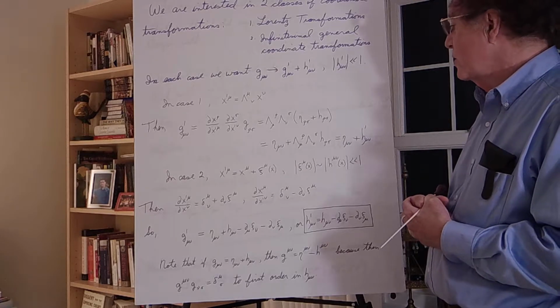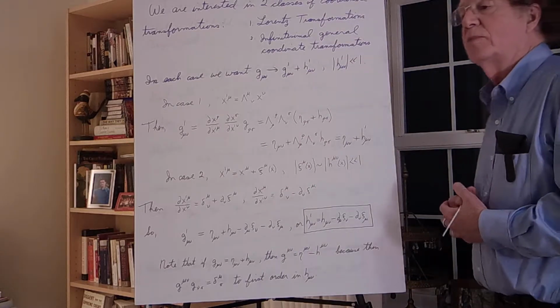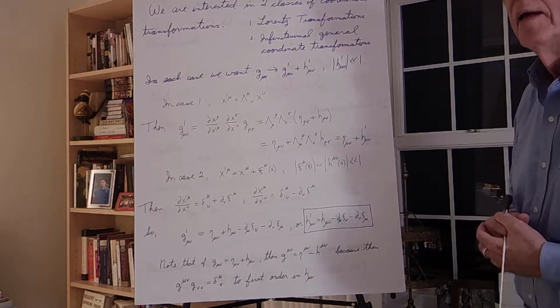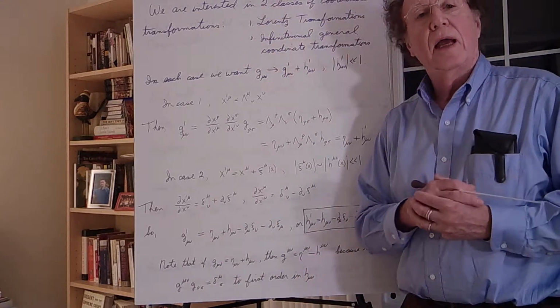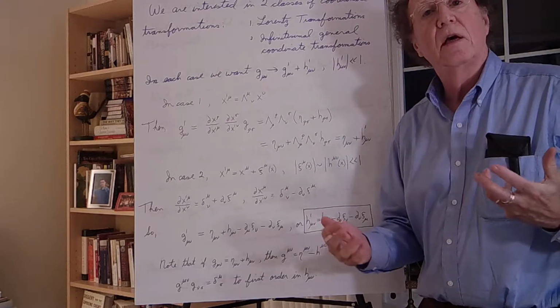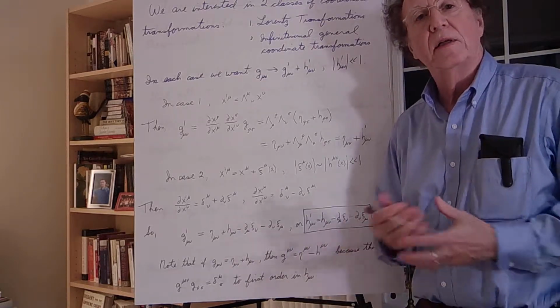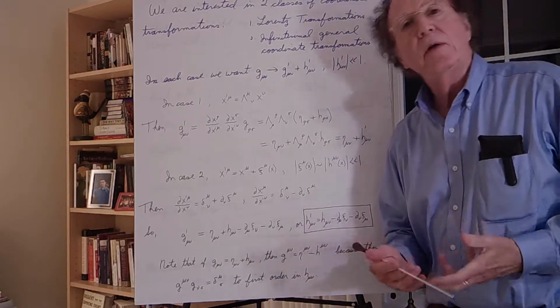and that'll be true as long as h prime is much less than 1. Okay, this inequality, that h be much less than 1, is of course frame dependent, coordinate dependent. It's not going to be true in every coordinate frame, certainly, and so I want to look at this.